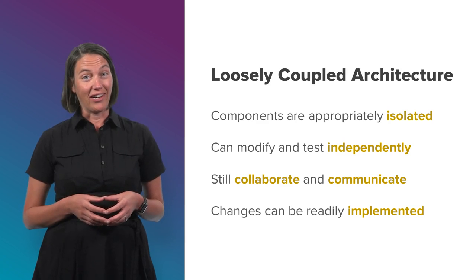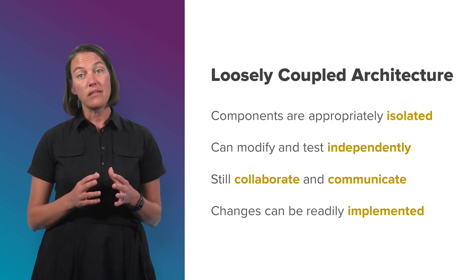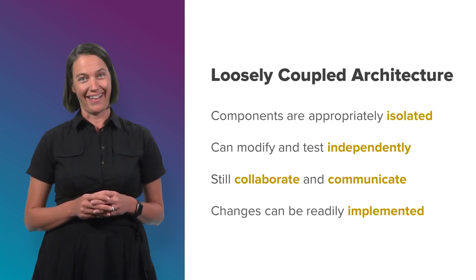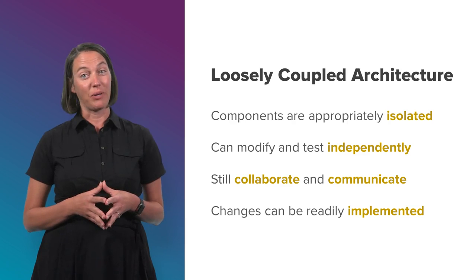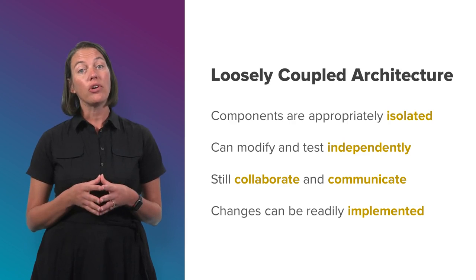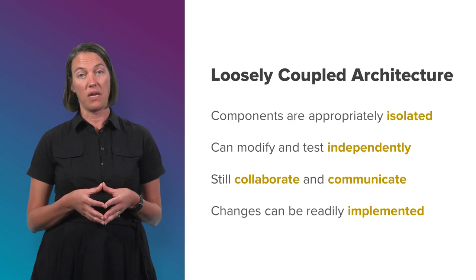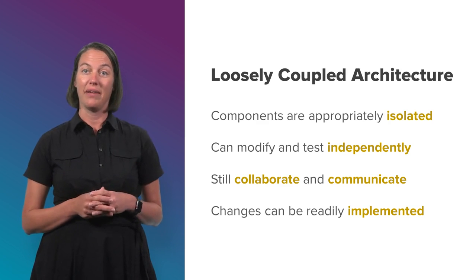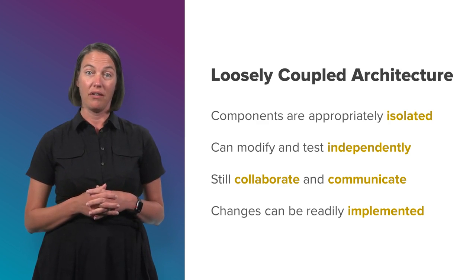The idea here is that teams should be able to test and deploy their code independent of other teams. Again, it's not to suggest that collaboration isn't important, but if you can design your systems and your architecture to enable the autonomy for teams, then that generally results in a higher performing team and an increased time to market for changes.